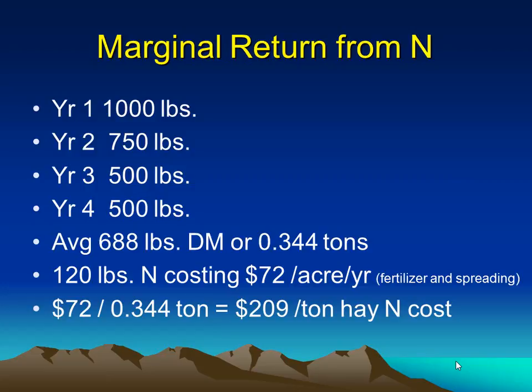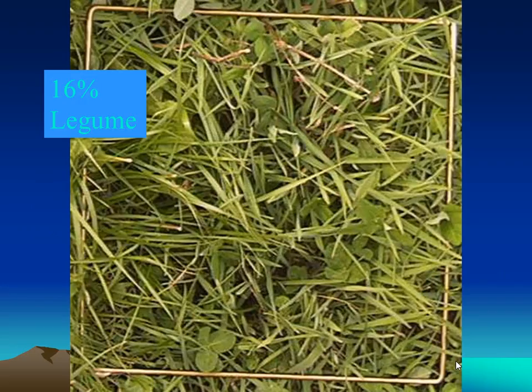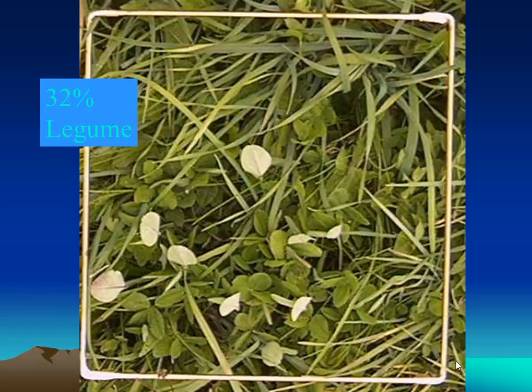Now, if you're selling hay in small square bales for horses and getting $300 a ton, maybe you want to do it. But for feeding cattle, I don't think so. So there's 16% legume in that stand, 32% legume, and 54% legume. And we took the picture and then we clipped it and hand separated.